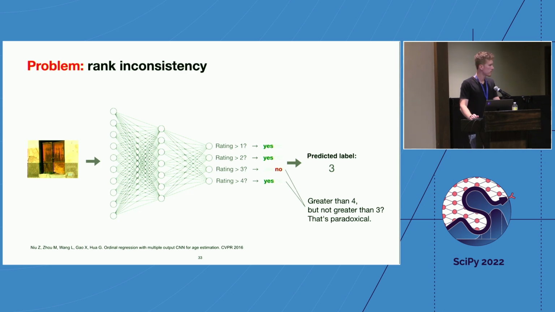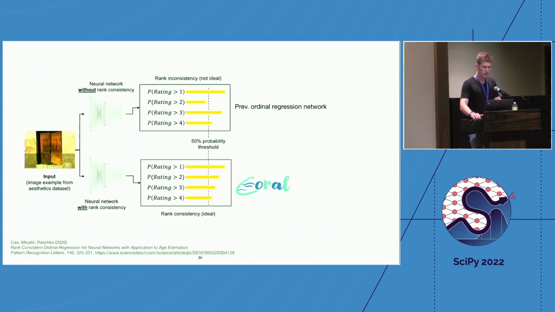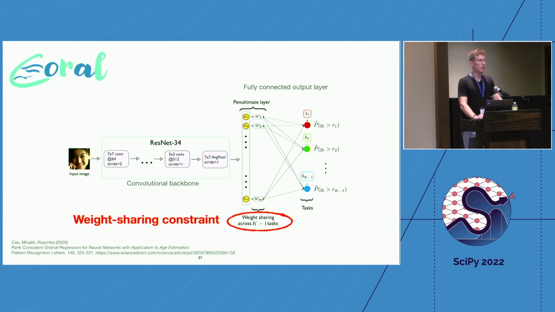Andres asks, is there a significant impact in terms of complexity, throughput between plain ordinal regression, Coral and Corn? Complexity, probably in terms of the number of parameters. Actually, Coral is simpler because you have this weight sharing constraint, and because of it, the weights in this output layer are all the same, so you have fewer parameters than in the regular ordinal regression method.